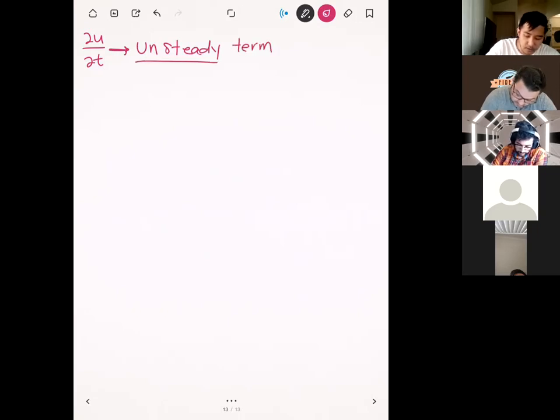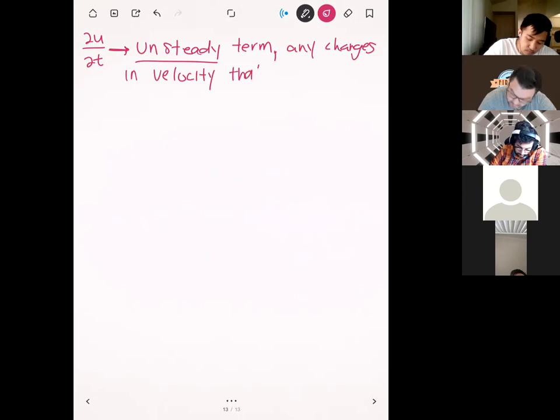Just like in RTT, unsteadiness represents any changes that can occur with time at a fixed location.